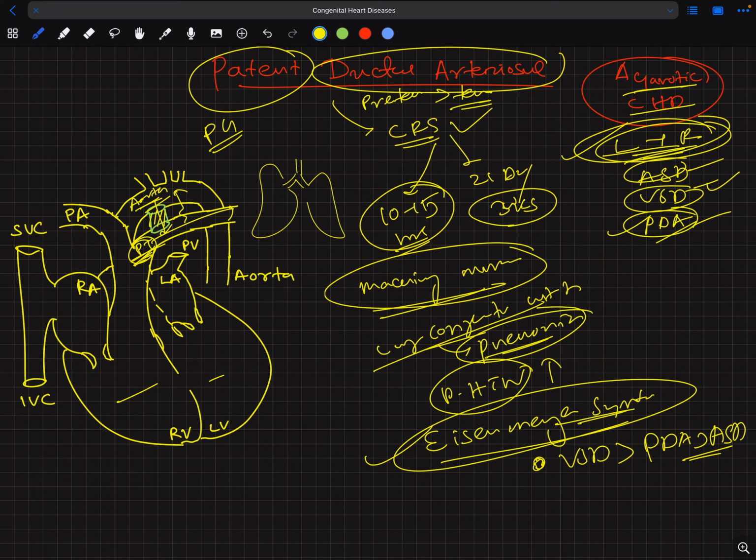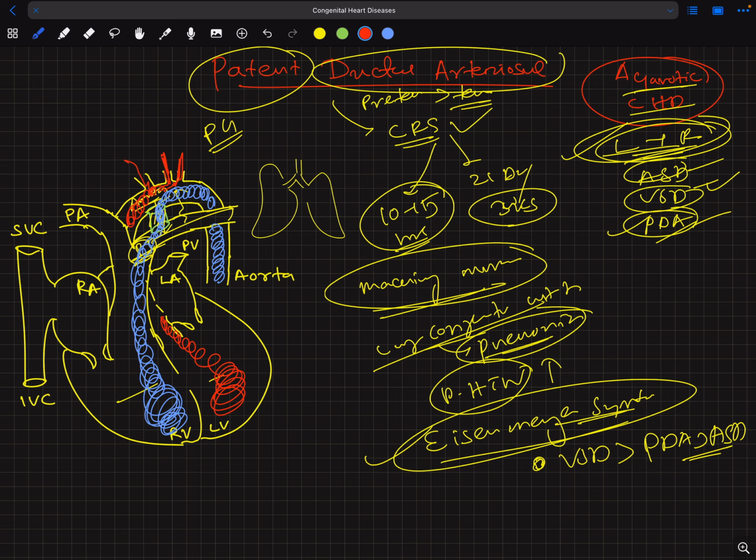So what happens due to Eisenmenger syndrome? Now the shunt is reversed. Deoxygenated blood from the right ventricle will go to the pulmonary trunk, cross the ductus arteriosus, and go to the lower part of the body. What happens to oxygenated blood? Oxygenated blood from the left ventricle goes via the aorta and supplies the upper part of the body.